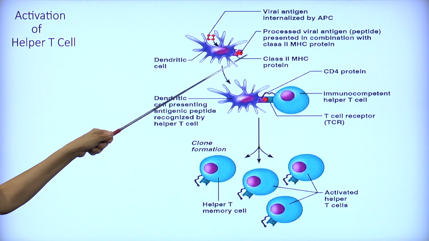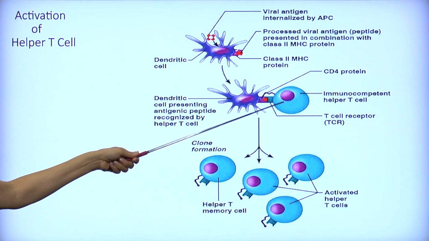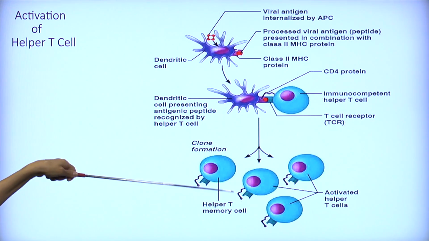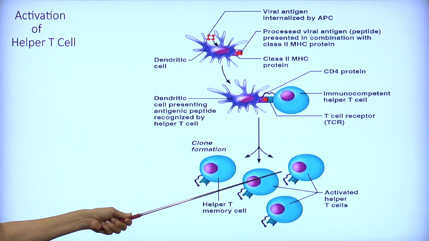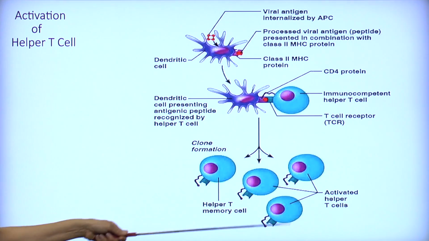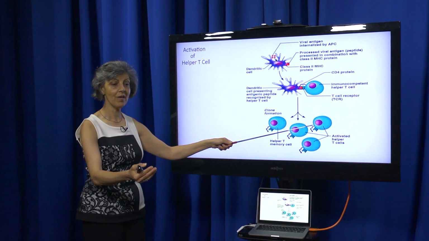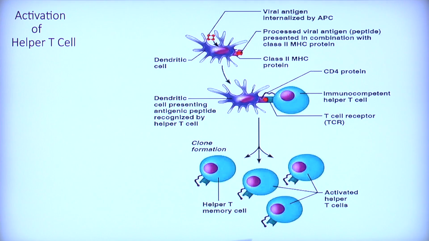Once the antigen is presented, CD4 is going to be attracted to the area, attach to the antigen, and make many copies of itself, make clones of itself. Most of those clones are now activated, and they are going to go and help the B lymphocytes or help the cytotoxic T cells to launch an attack on this antigen.